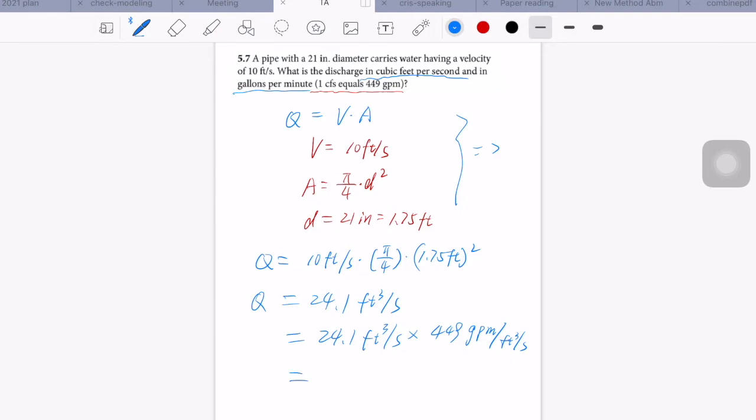So that equals 0.8249 gallon per minute. So we finish this problem.